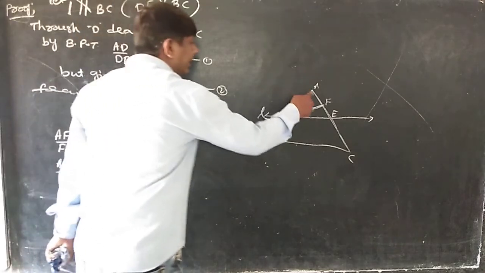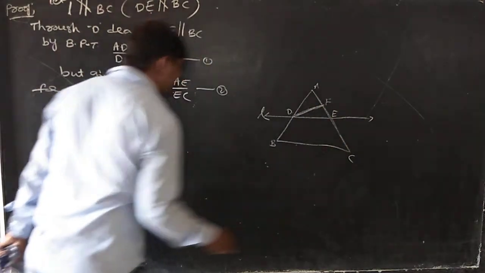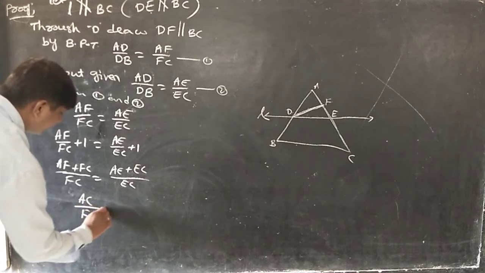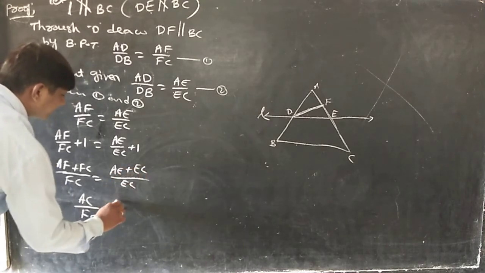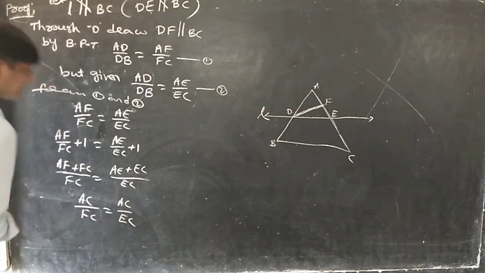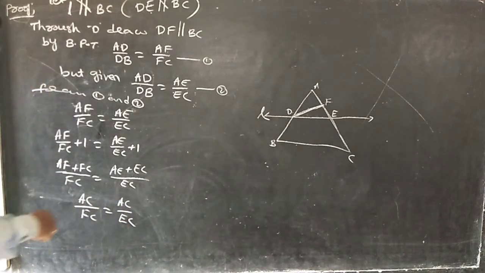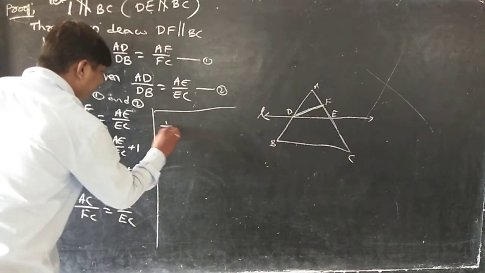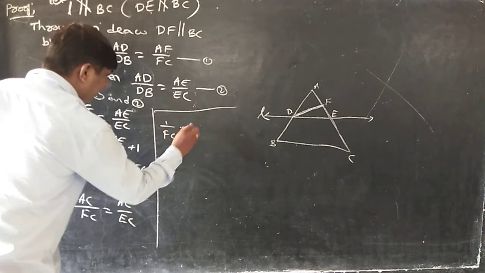Now AF plus FC is nothing but AC, by FC is equal to AE plus EC, which is nothing but AC, by EC. If you cancel the numerators, what will we get here? 1 by FC is equal to 1 by EC.